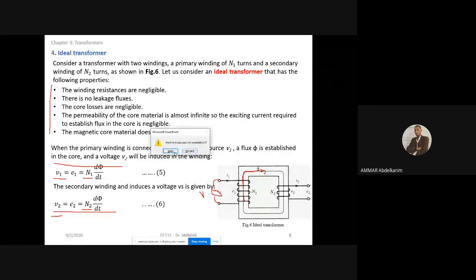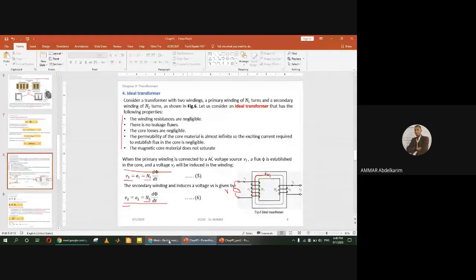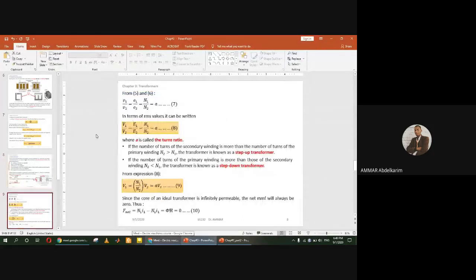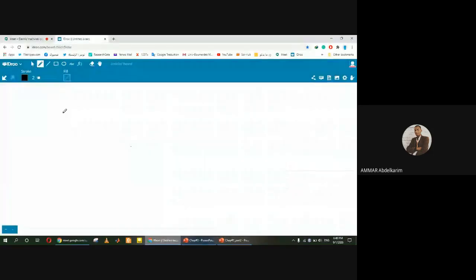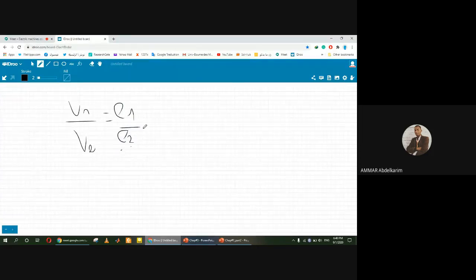Here, from 5 and 6, we have V1 over V2 equals E1 over E2, and this equals N1 over N2.